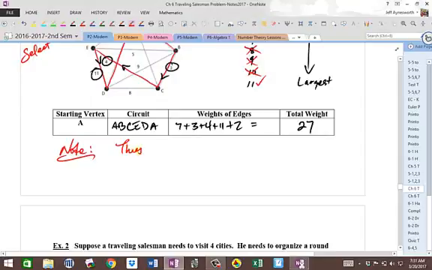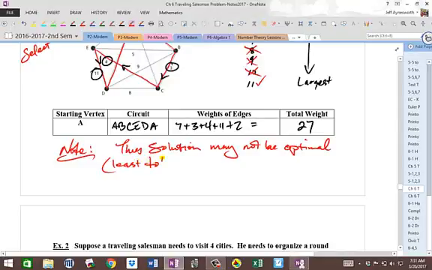So this solution, I'm talking about right here, may not be optimal. What I mean by that is the least total weight. But it is a good approximation.